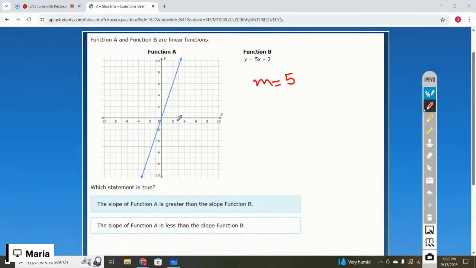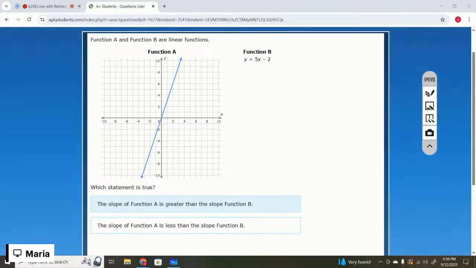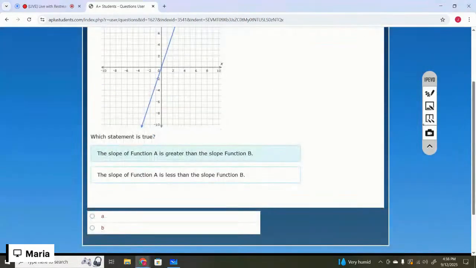The slope of function B is 5. So the slope of function A is 6 over 2, that is 3. So the slope of function A is less than the slope of function B. Option B is the correct option.